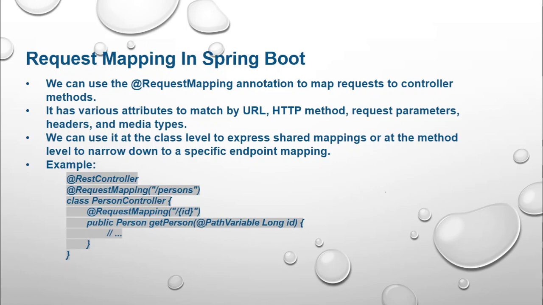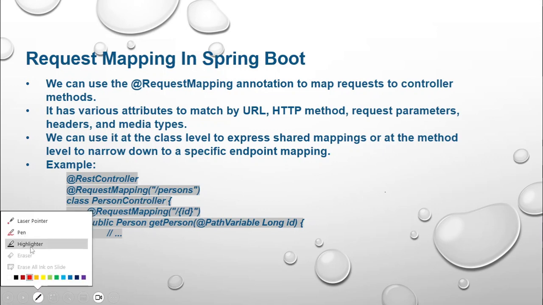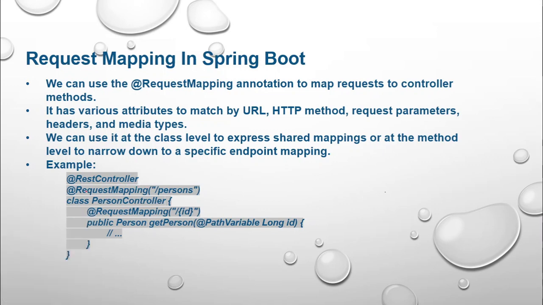Now, as I said, we can use it at the class level to express a shared mapping, or at the method level to narrow it down to a specific endpoint. In our controller class, we can use this request mapping annotation at the class level.